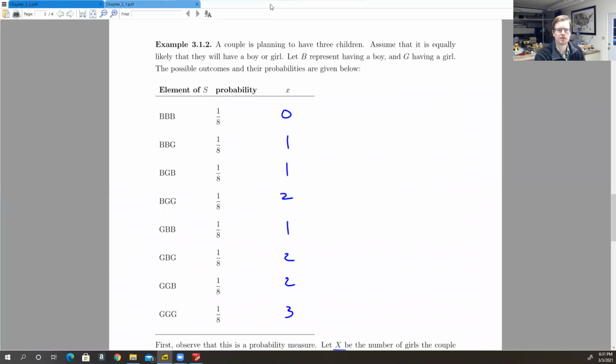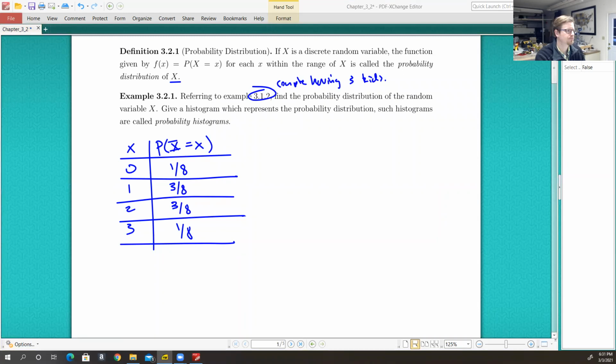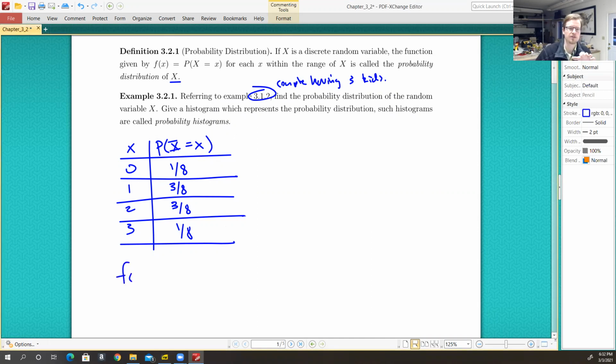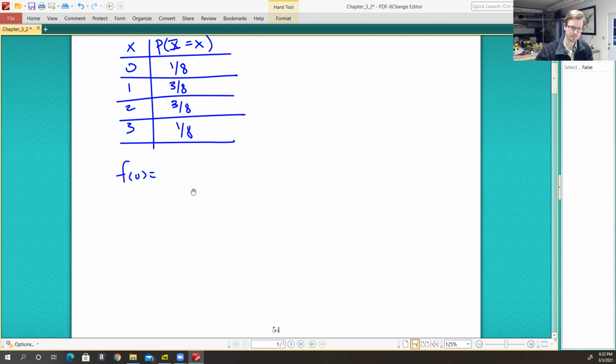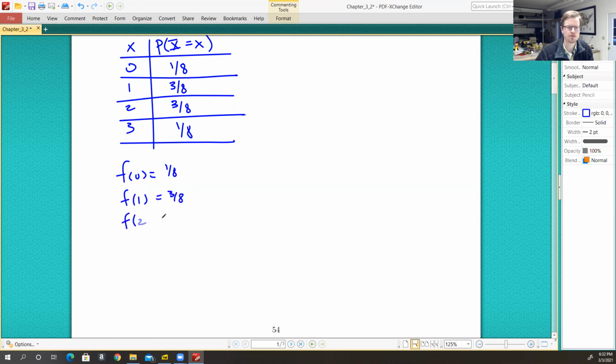So this is our probability distribution. Now, I haven't said what f of 0 is, but we can do that. Our probability distribution is the function f, where f of 0 is 1/8, f of 1 is 3/8, f of 2 is 3/8, and f of 3 is 1/8.